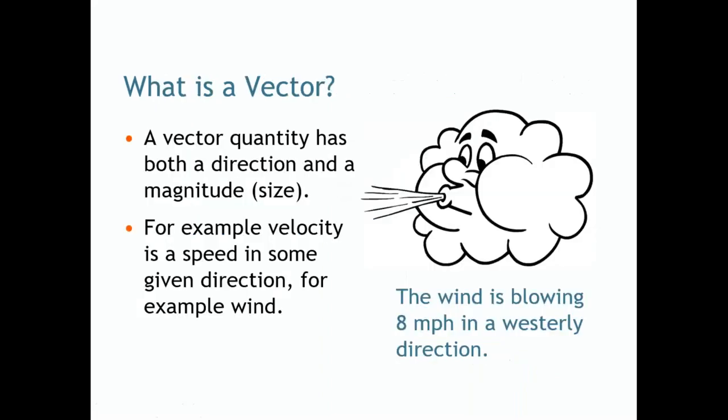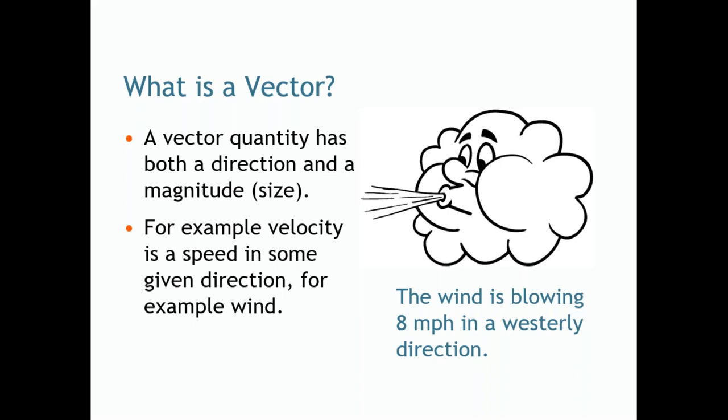Now, what is a vector? Most of us know what a vector is from secondary school. A vector quantity has both direction and magnitude, that is size. For example, velocity is a speed in some given direction.